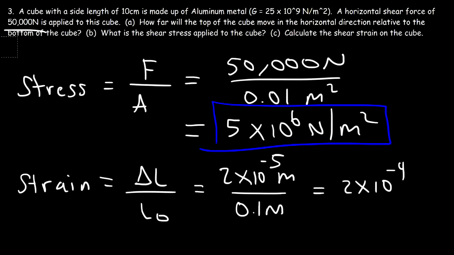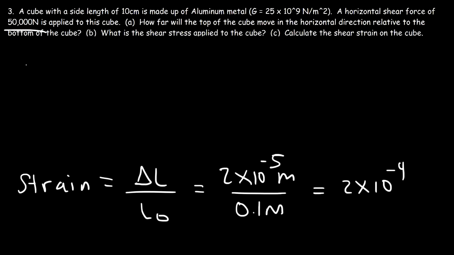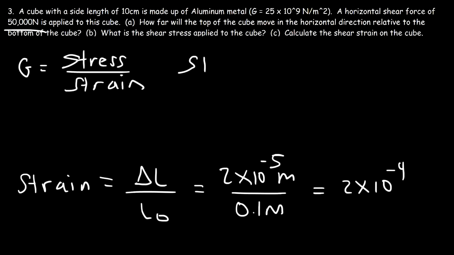Now keep in mind, you can also calculate the strain using another formula. The shear modulus is equal to the stress divided by the strain. So if you need to calculate the strain, you can take this shear stress and divide it by the shear modulus.